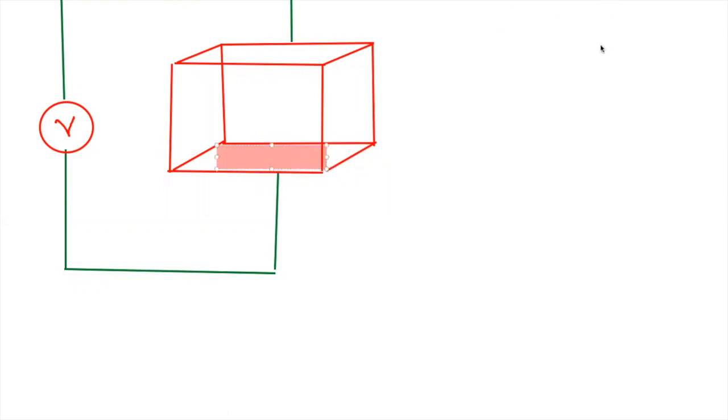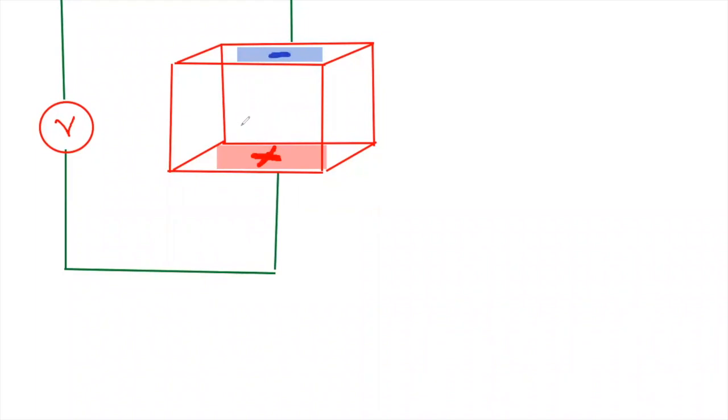All right, so this is going to be plus, and this is going to be minus. So we have induced each side with a charge. This is minus. This is plus.